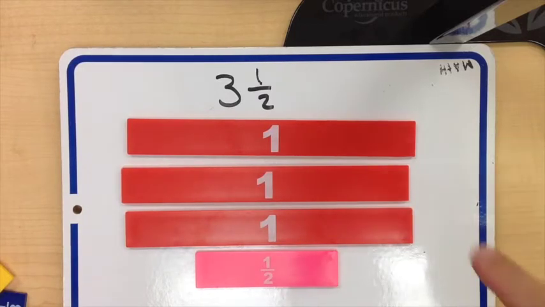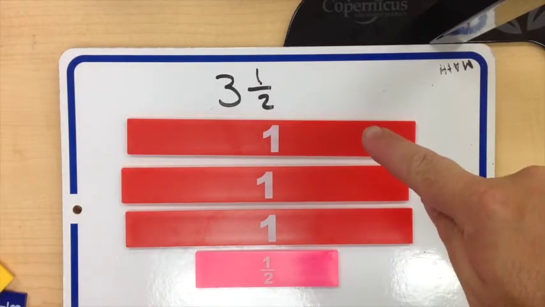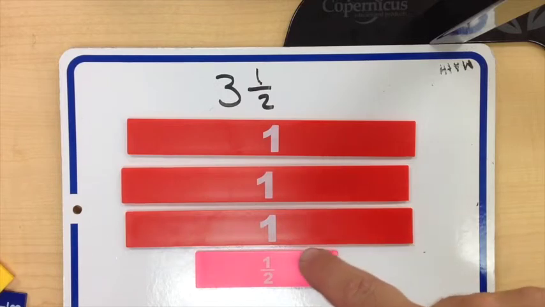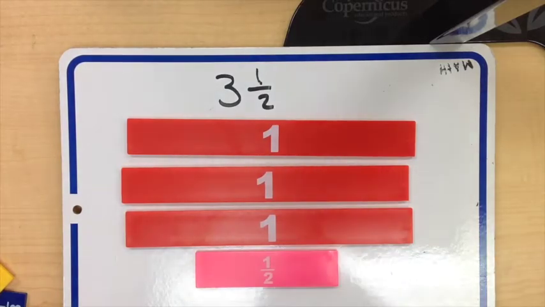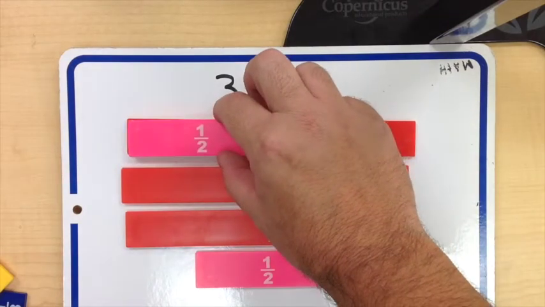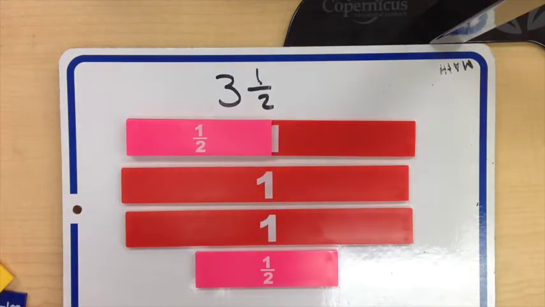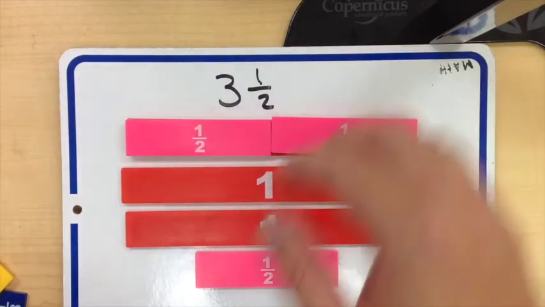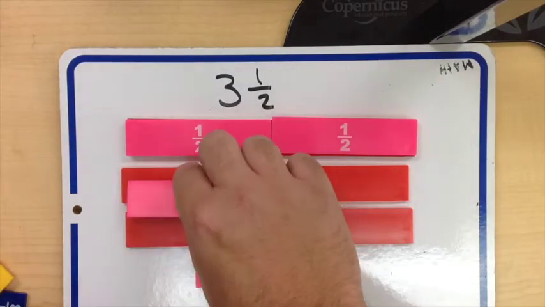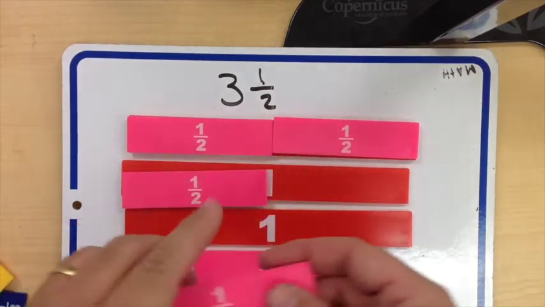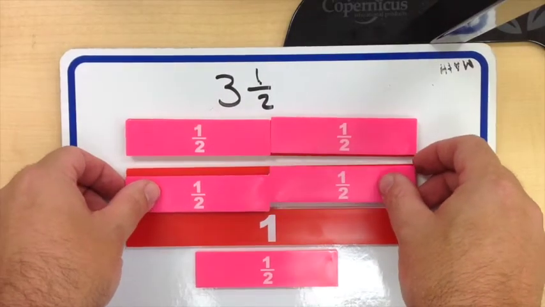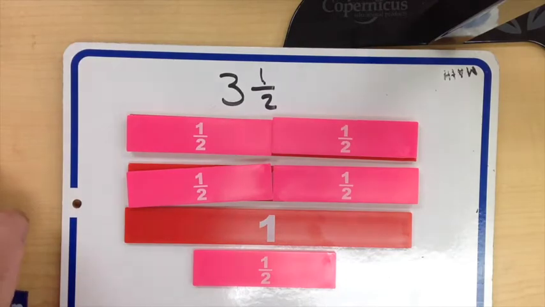So I've gone ahead and put fraction tiles. There's 1, 2, 3, and 1/2. Now what I'm going to do is take half blocks and put them on top of my wholes. So there's 2 halves. There's 4 halves.